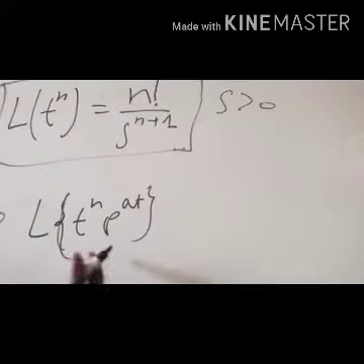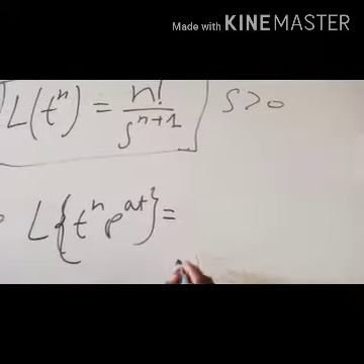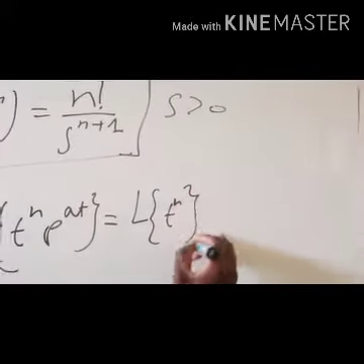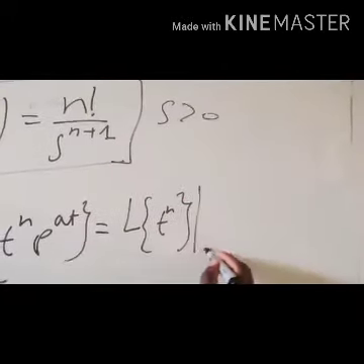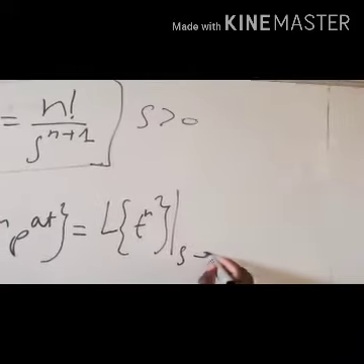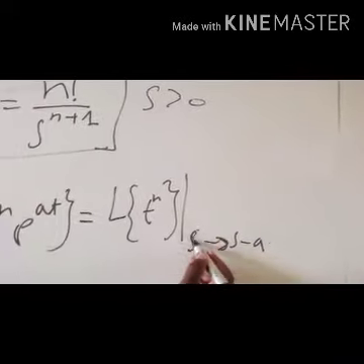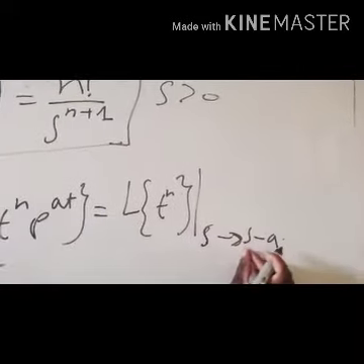We know that the transform of t^n e^(at) is found by replacing s with s minus a. When you have e^(at), whenever you have s, it is replaced by s minus a.